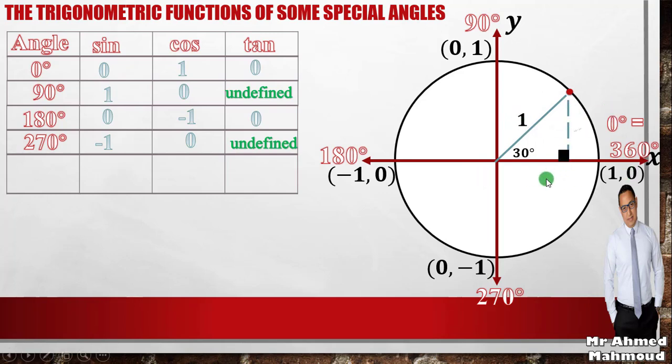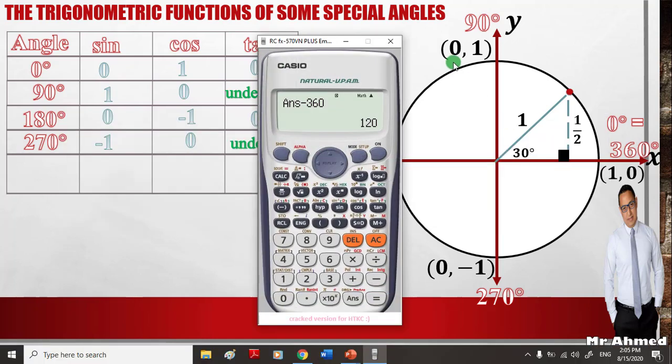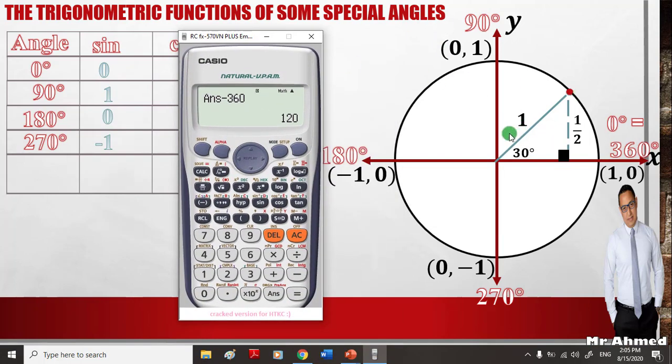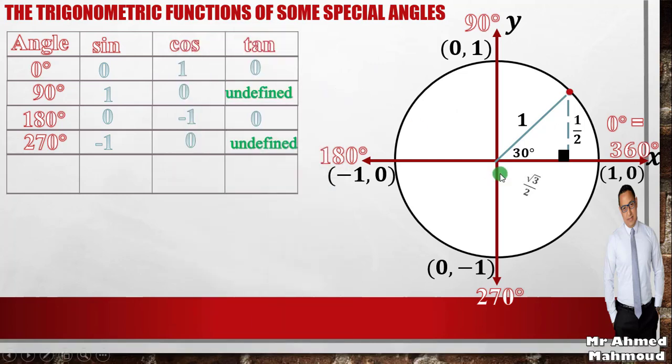The base I can find by using the Pythagorean theorem: square root of 1 power of 2 minus half power of 2 equals root 3 over 2. So the base equals root 3 over 2.